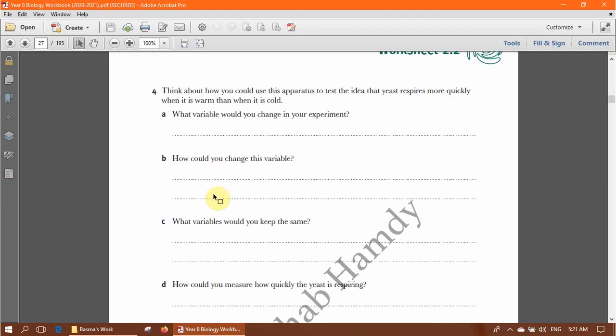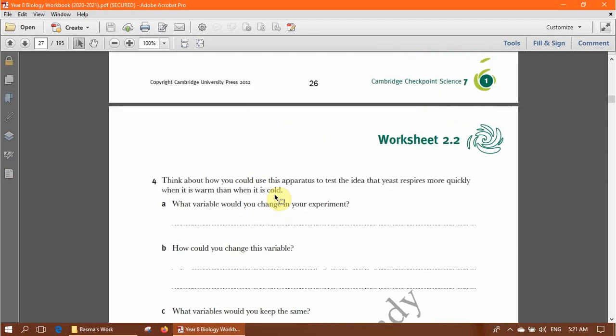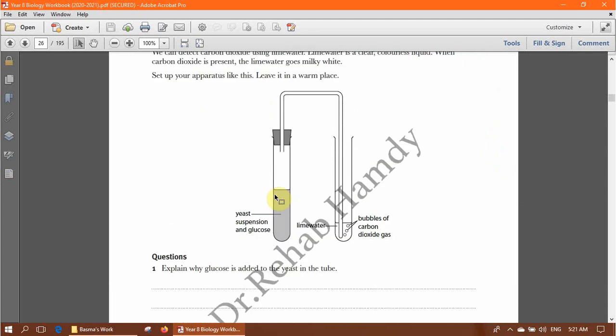Simply by getting two test tubes and you put one in a cold place like the refrigerator and another one in a warm place, and then you're going to repeat this experiment.